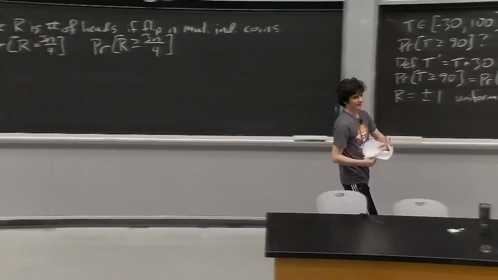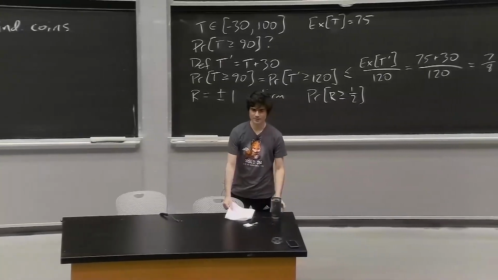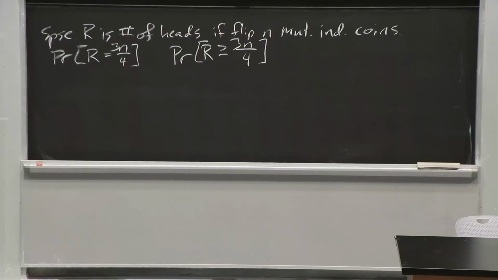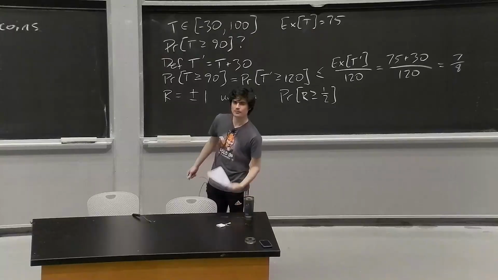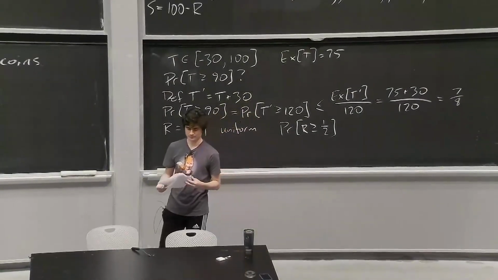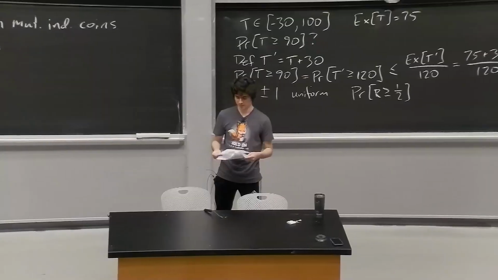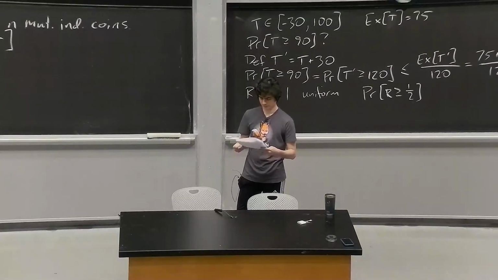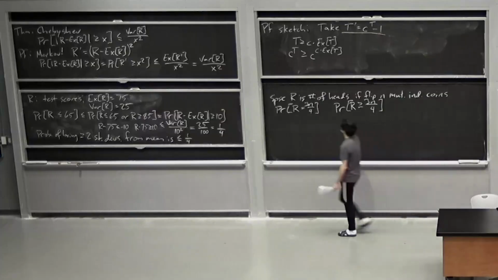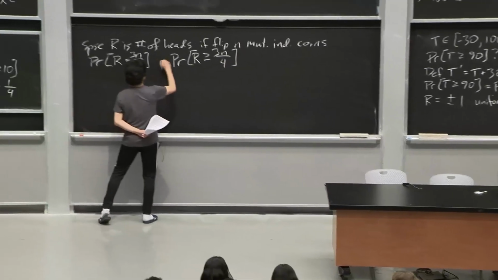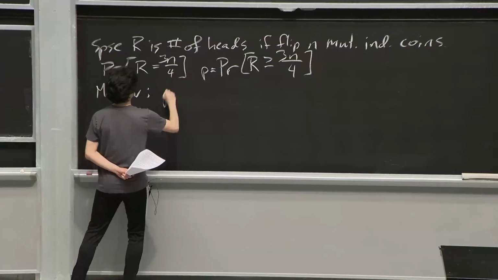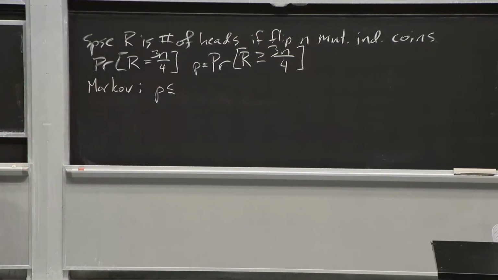Now, what happens if we apply each of our 3 tail bounds to R? Well, first, what happens with Markov? So let's call this P. P is at most what?